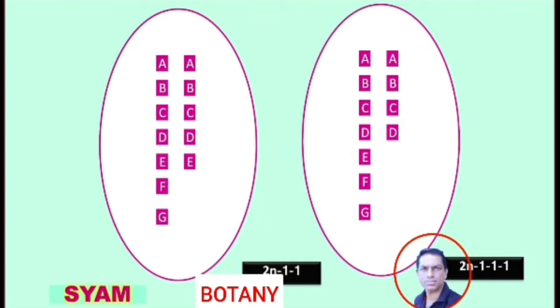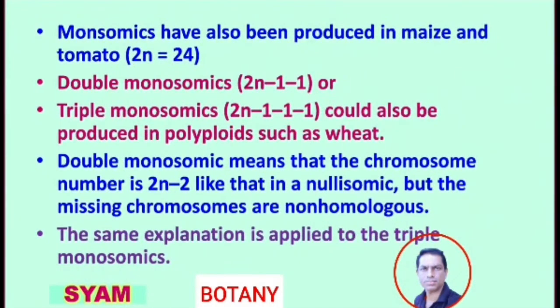That means first minus 1 homologous chromosome of G, second minus 1 homologous chromosome of F, third minus 1 homologous chromosome of E. So minus 1 is monosomic, minus 1 minus 1 is double monosomic, minus 1 minus 1 minus 1 is triple monosomic.